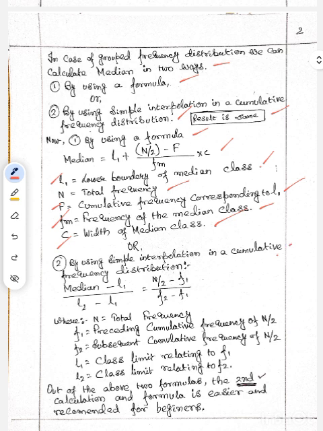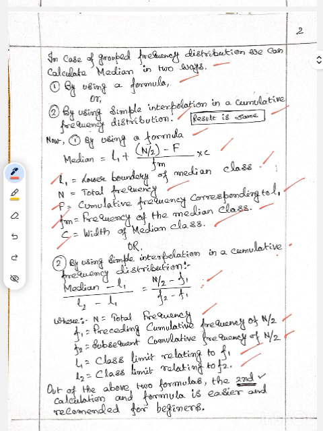Here (median minus L1) divided by (L2 minus L1) equals (n by 2 minus f1) divided by (f2 minus f1), where n equals total frequency, f1 is the preceding cumulative frequency of n by 2, f2 is the subsequent cumulative frequency of n by 2, L1 is the class limit relating to f1, and L2 is the class limit relating to f2.